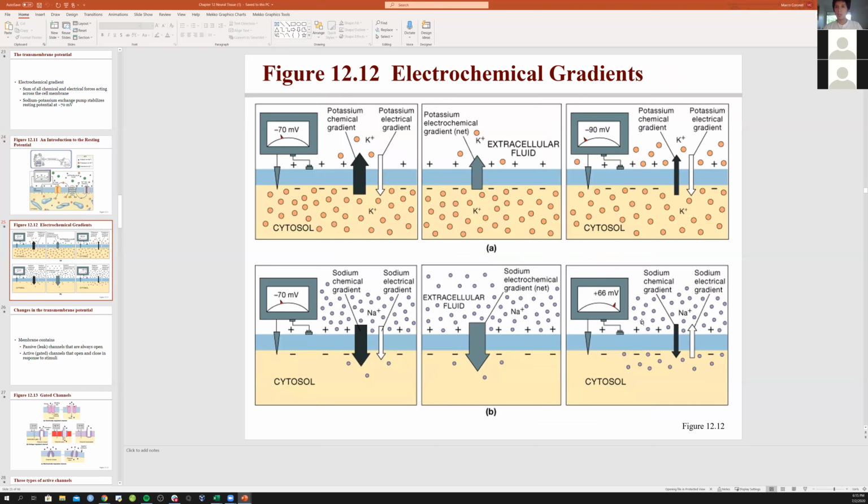We mentioned as an example that potassium, based on its concentration difference, is going to flow and reach a balance at negative 90 millivolts. So the positive charge of potassium is going to move outside of the cell. We're going to lose potassium, we're going to lose positive charge, until the cell reaches negative 90 millivolts.